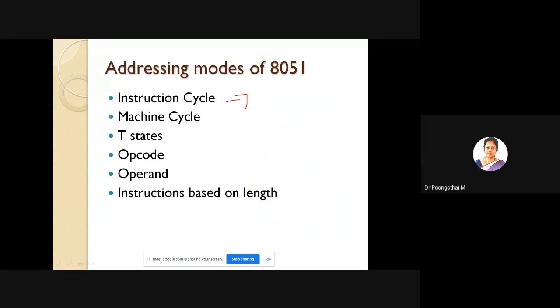So the instruction cycle contains a fetch cycle and an execute cycle. It consists of two cycles for fetching all the opcodes from your program memory and executing that instruction. Okay. So machine cycle is nothing but a part of the instruction cycle.